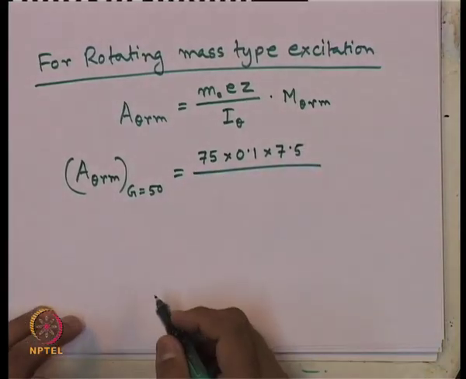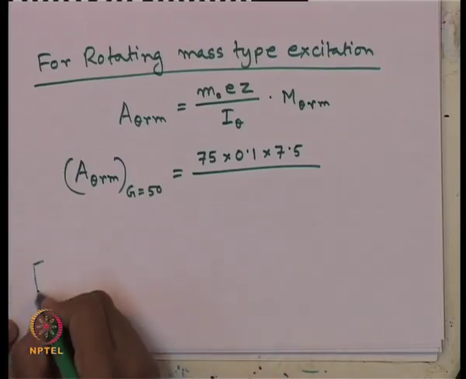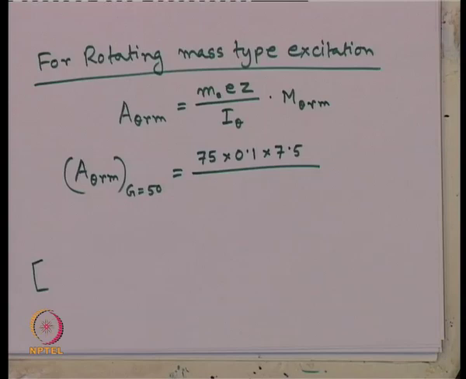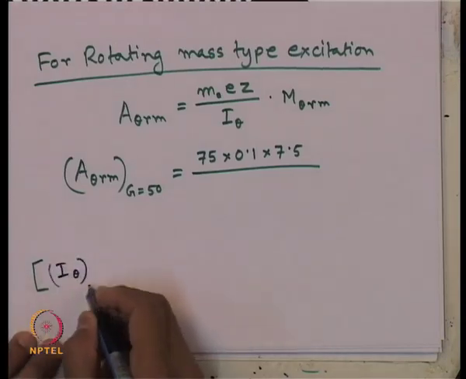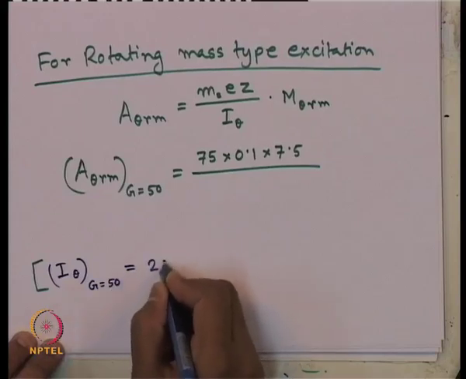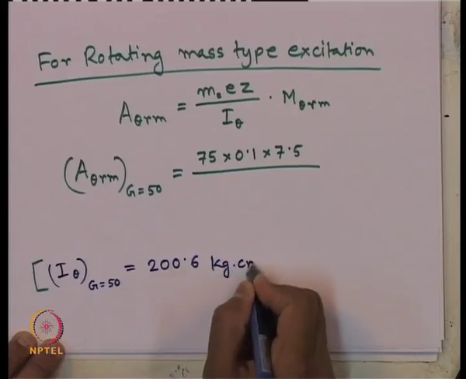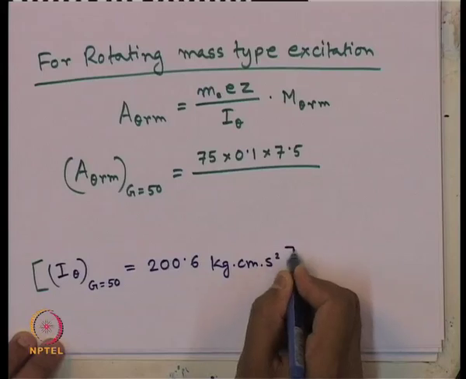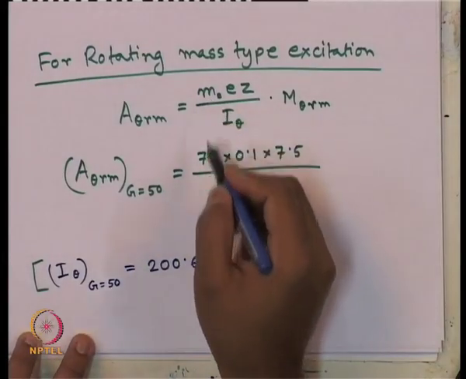Iθ we had calculated earlier. If you refer to our previous calculation, I will remind you, Iθ for G equals to 50 was how much? 200.6 kg force centimeter second square. So, that we have to use, and m e is mass.